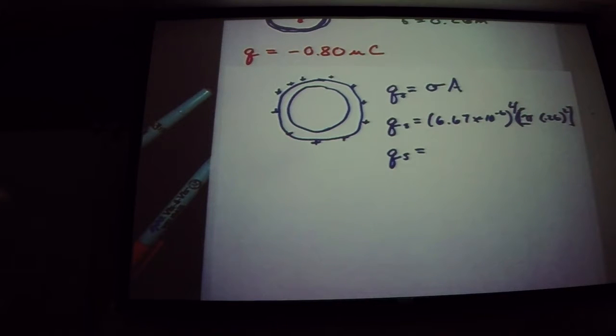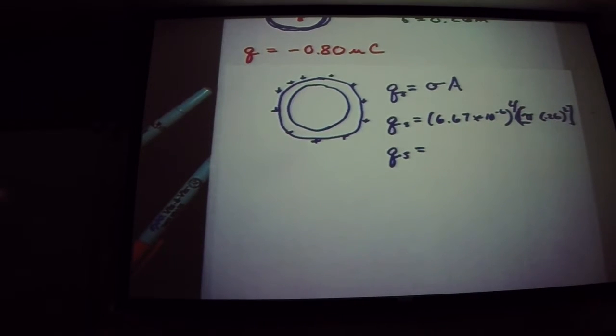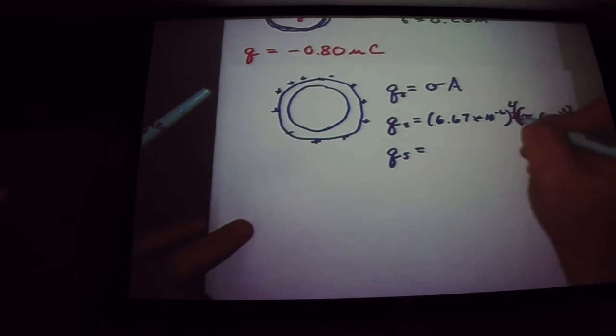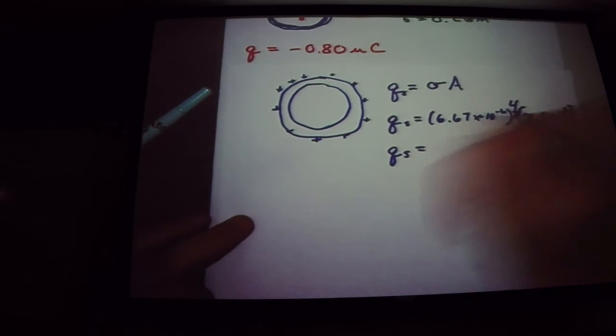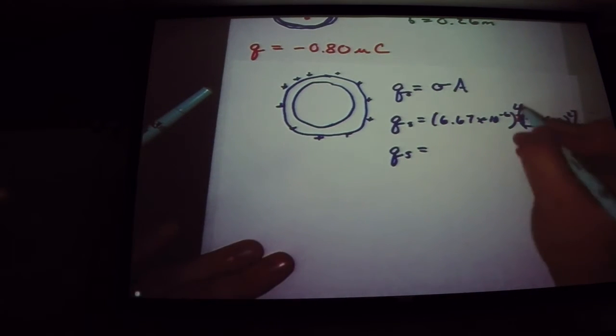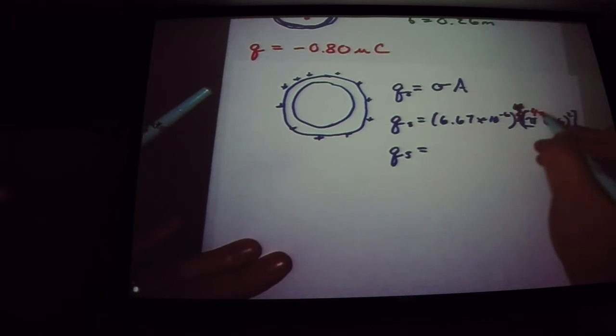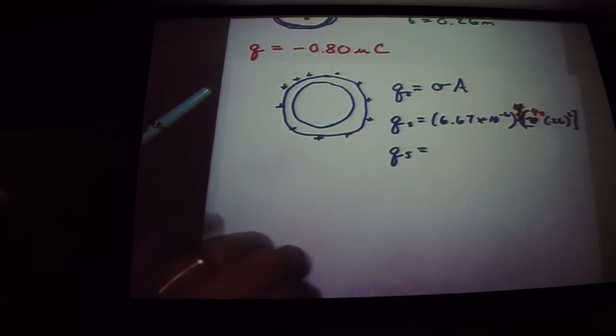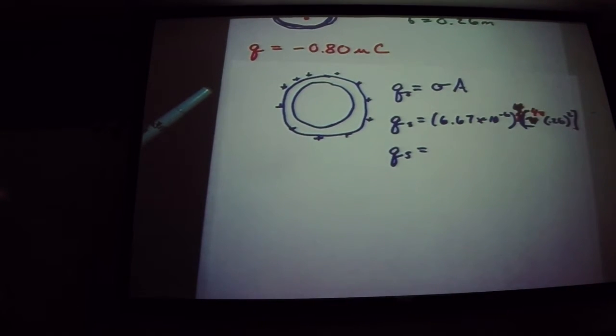Is that better? 4 pi? Yeah, because it's a sphere, not a circle. That 4 is in front of the pi, it's not a power, right? No, it's not a power. The 4 is there. You wouldn't have something to the 4 pi power. At least I hope.